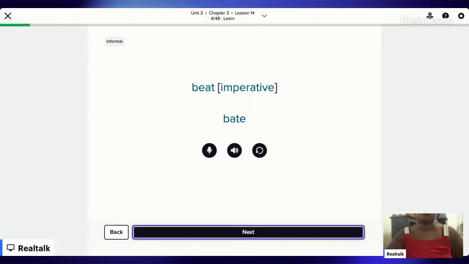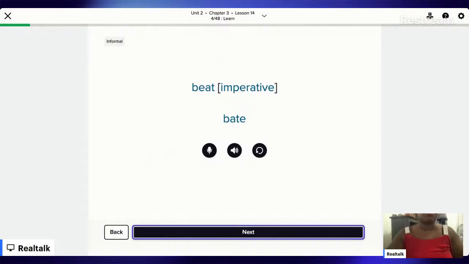You're telling someone to beat it with urgency or command. To beat is why it's different. Batir versus the imperative, bate, like you're telling them to do it. Another word that would help you is vamos.